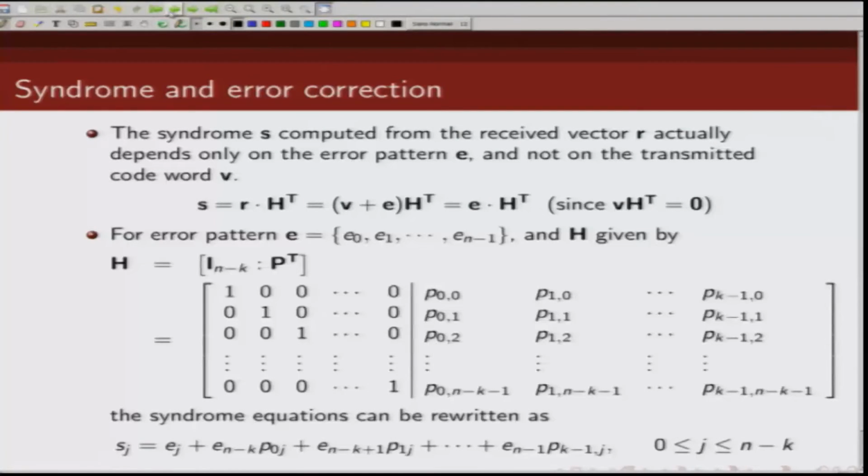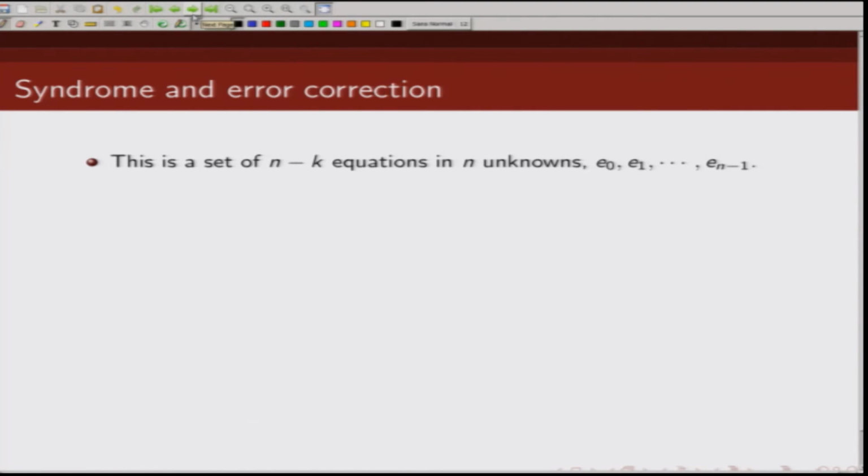Now, we will move into error correction, and we will talk about how we can use the syndrome for error correction. As we saw from the syndrome equations, R was 1 cross n and H transpose was n cross n minus k. So, we essentially had n minus k syndrome equations. We had a total of n minus k equations, and how many unknowns do we have?